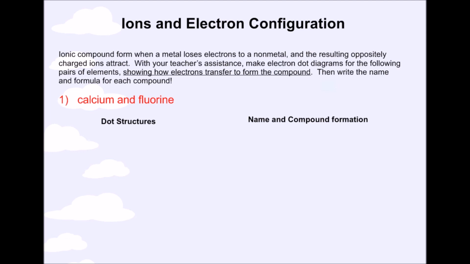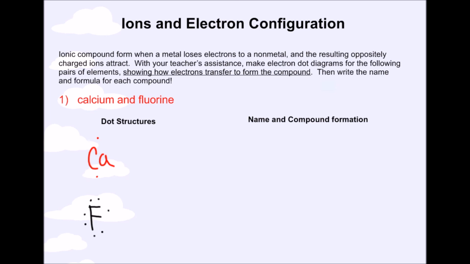So let's look at calcium, for example. After looking at your periodic table, you can see that calcium should have 2 valence electrons. Okay, and fluorine, on the other hand, is going to have 7.